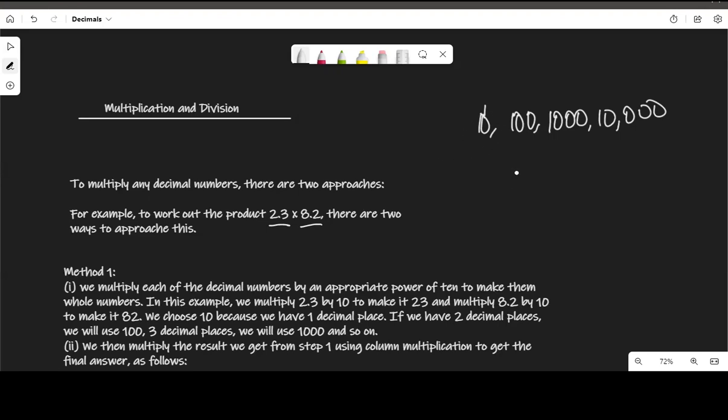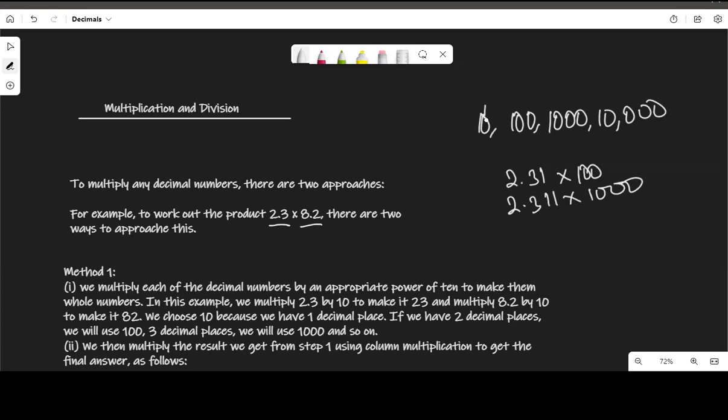If it is two decimal places, so let's assume we have 2.31, to turn this decimal to a whole number, I'll multiply by 100, because I have two decimal places. If I have three decimal places, I'll multiply by 1000. So our choice of power of 10 depends on the number of decimal places.